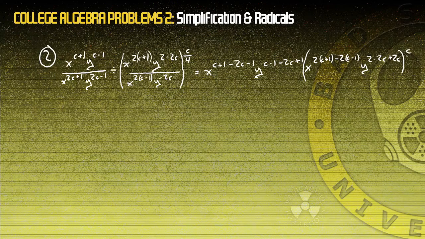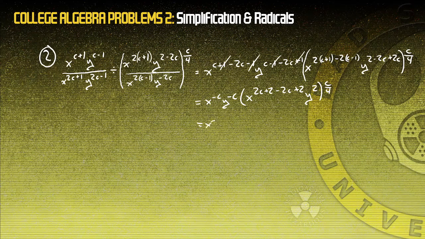And that's to the c over 4. So x to the minus c, y to the minus c. And inside the parentheses you got x to the 2c plus 2 minus 2c plus 2 times y to the 2 minus, I can just leave the c terms out. And that's all to c over 4.